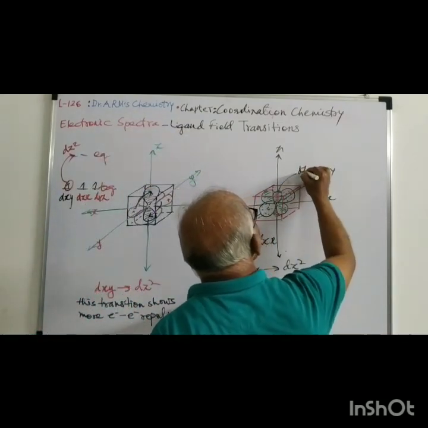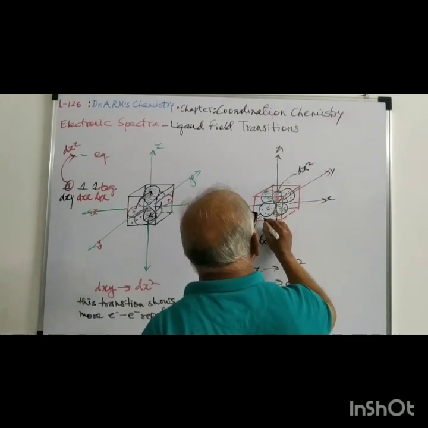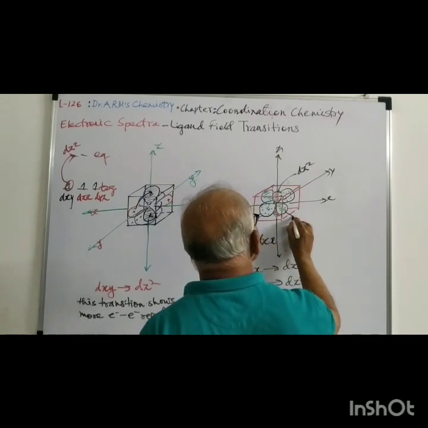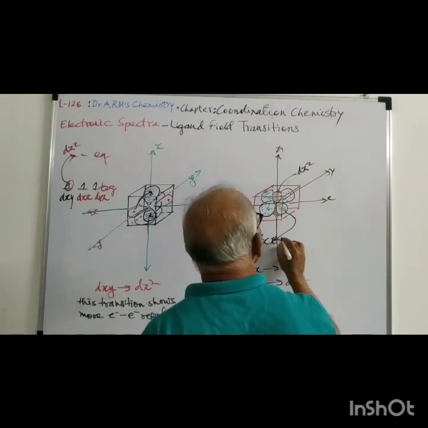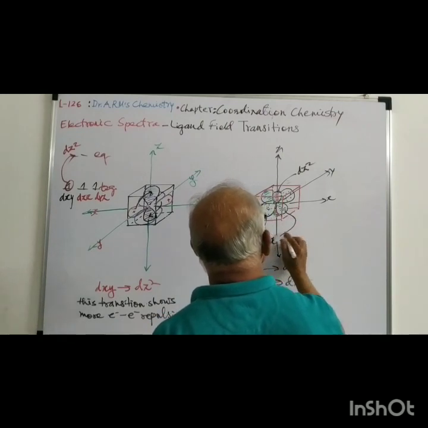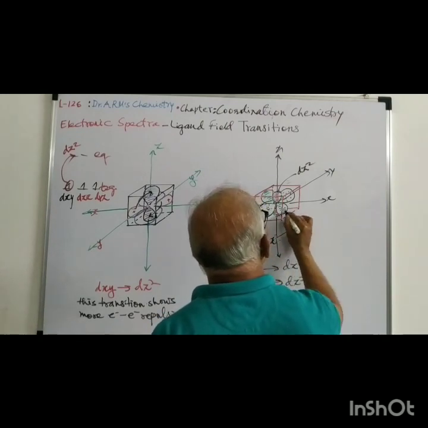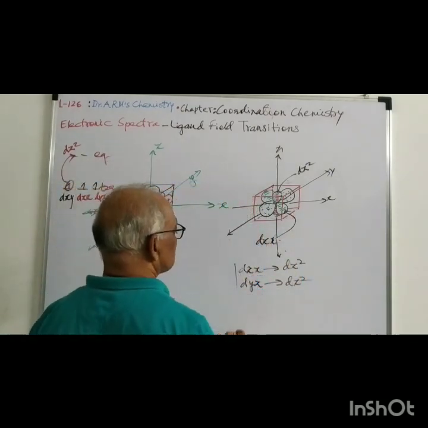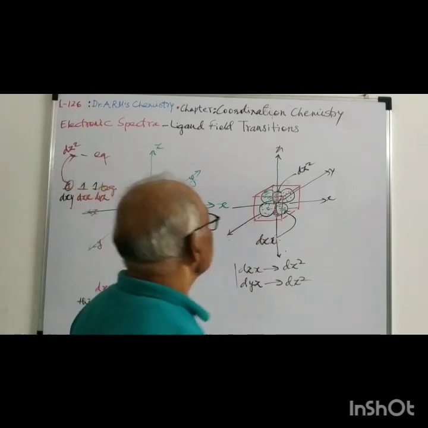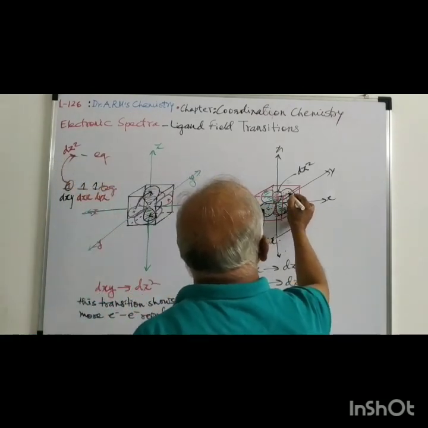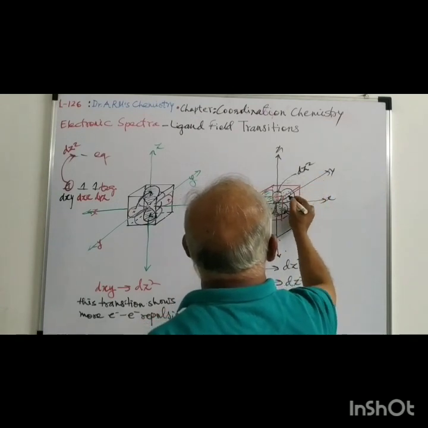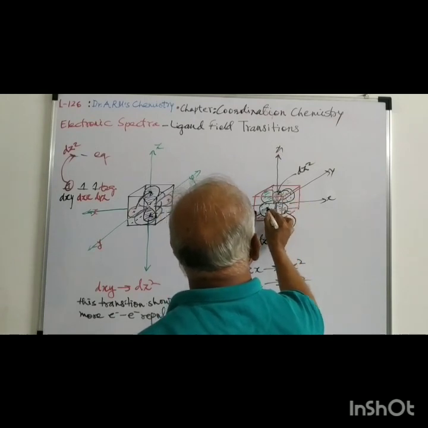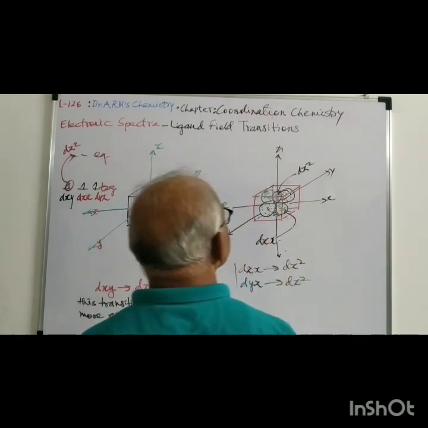This is dz2, and these are the other orbitals. So we can show these orbitals, that is dzx. So here these two types of transitions are possible. The electrons are moving from this dzx orbital to this portion, and these orbitals to this portion.